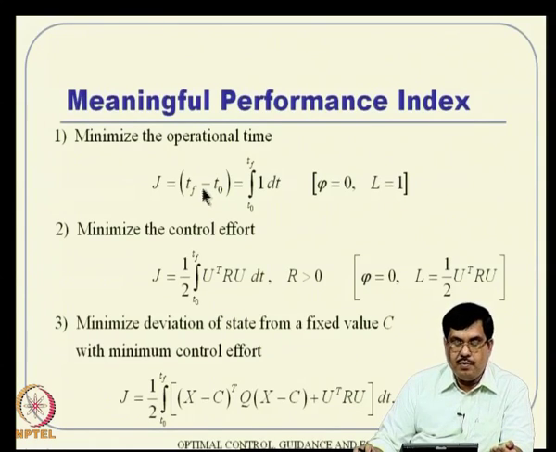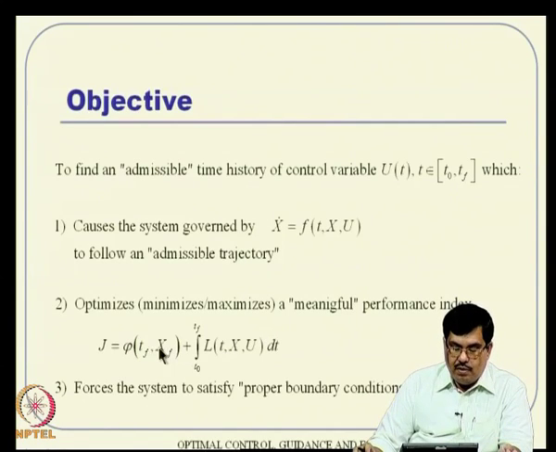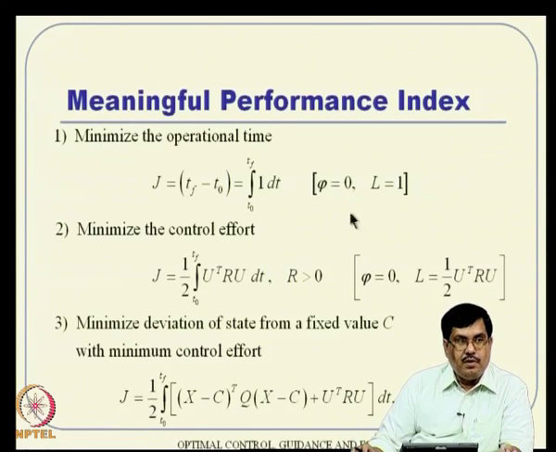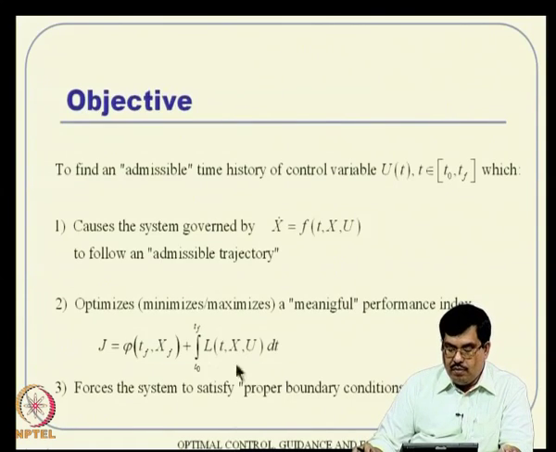That is your minimum time missile guidance problem, you can think about that. So in this framework, you can think this is 0 and this is 1, so phi is 0 and L is 1. That is nothing but the integration of 1 dt, which is tf minus t0, and that is what you want to minimize. So if you take phi equal to 0 and L equal to 1, you essentially end up with a minimum time problem.